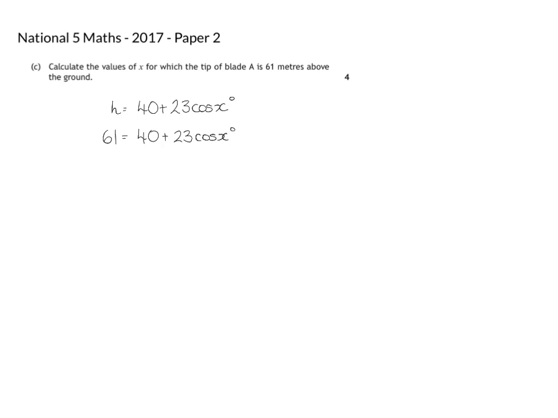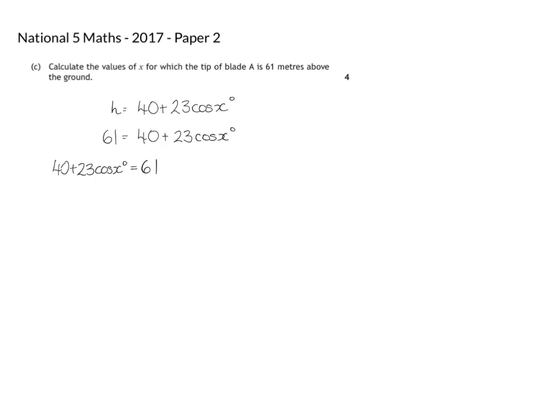We need to rearrange this to get cos x equals, so I'll write it round the other way: 40 plus 23 cos x degrees is equal to 61. I wrote 60 at first, it's not, it's 40.